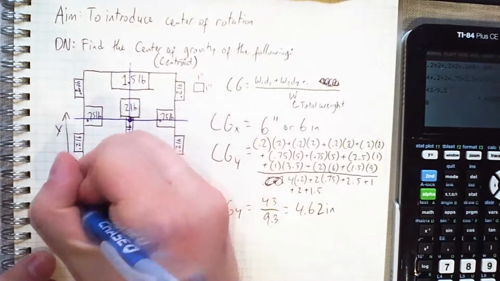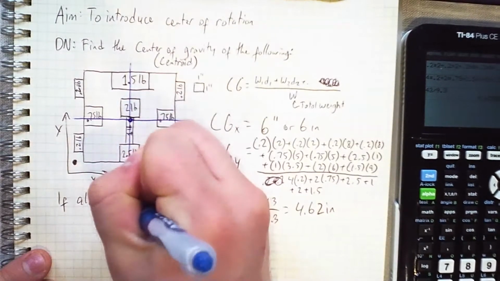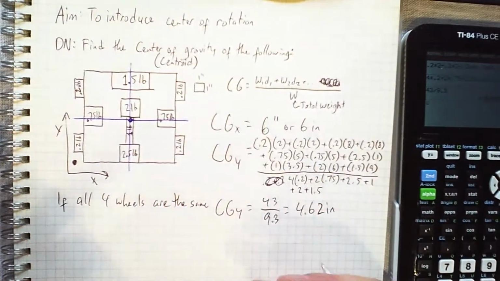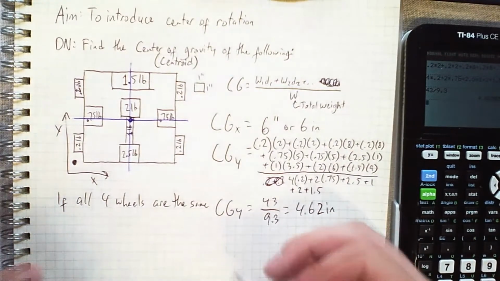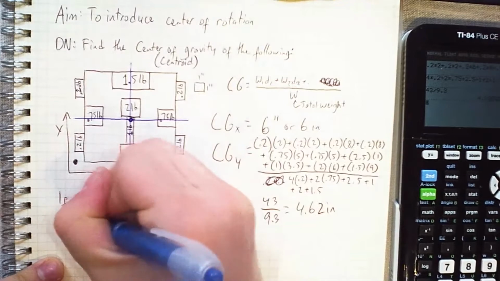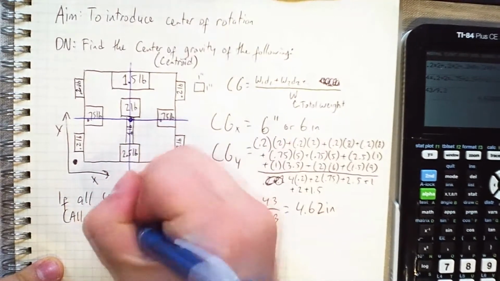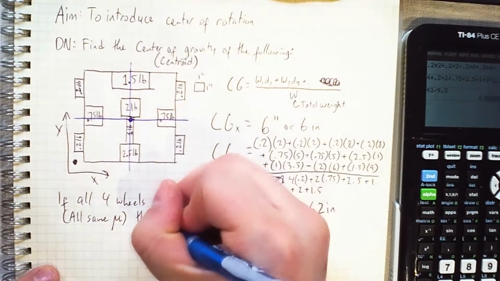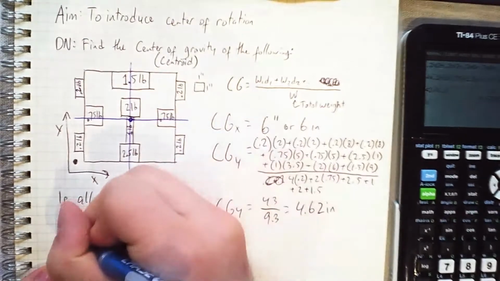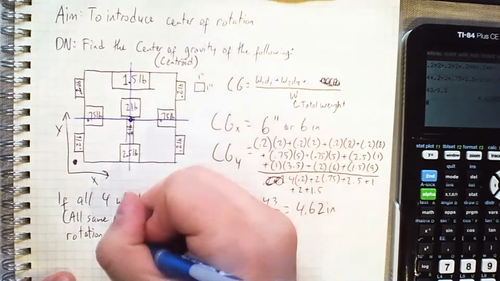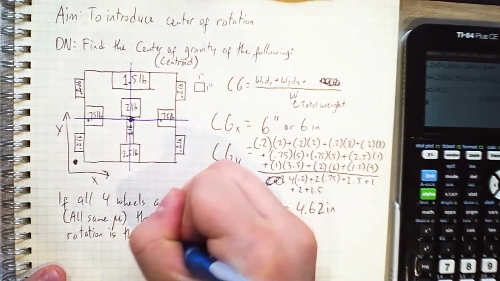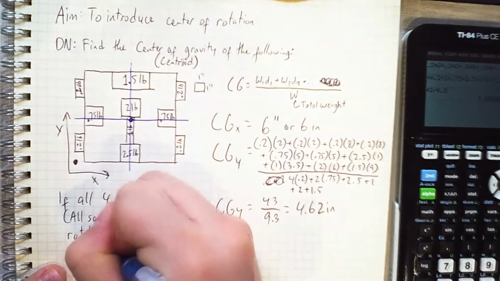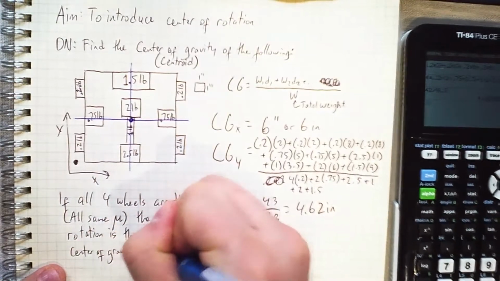So again, if all 4 wheels are the same, and the thing that's the same about them specifically is their coefficient of friction, the center of rotation is the same as the center of gravity or centroid.